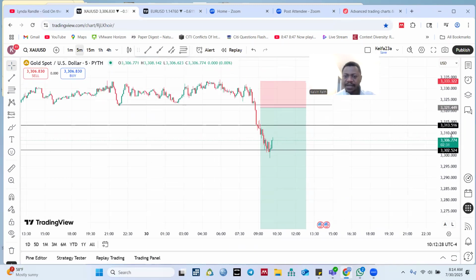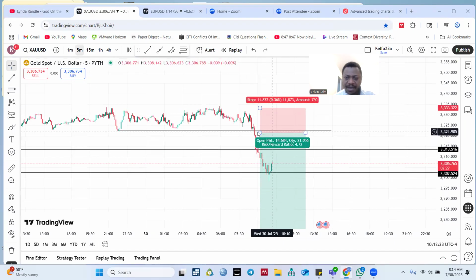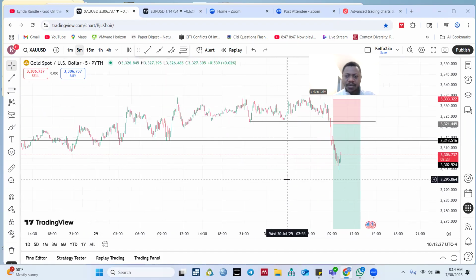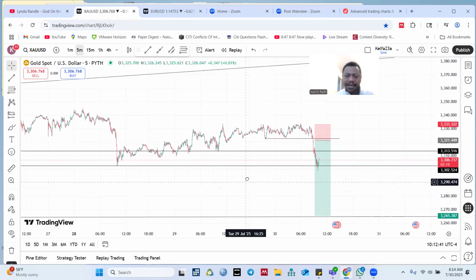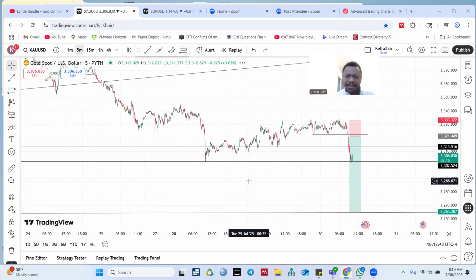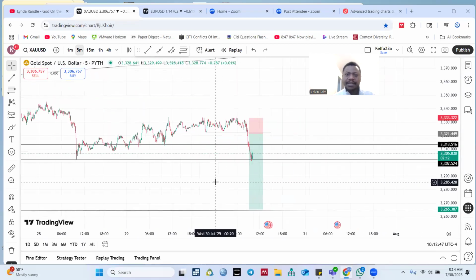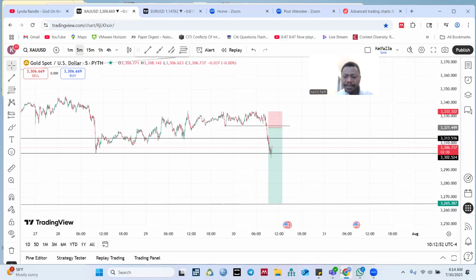The session is already open, but I'm expecting a pullback into this area of imbalance so that I can sell. So that we will do a full analysis of the gold chart and see what to expect for the rest of the week.